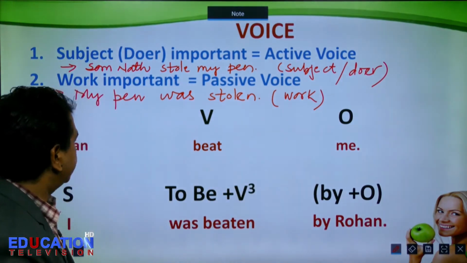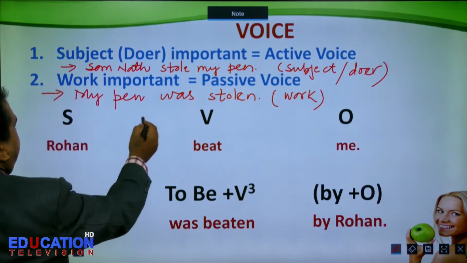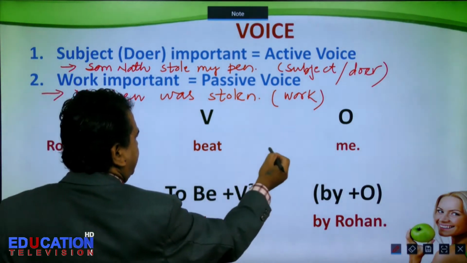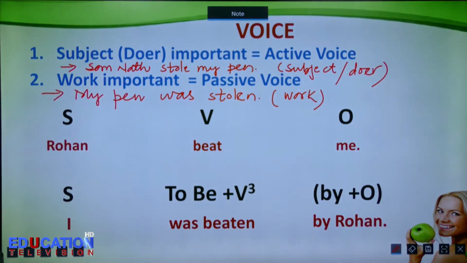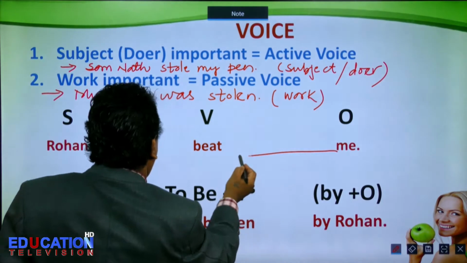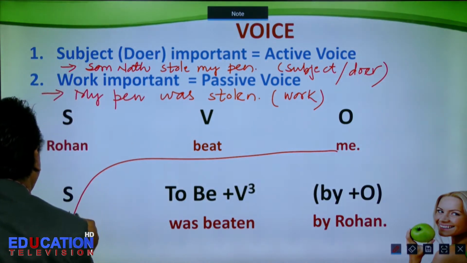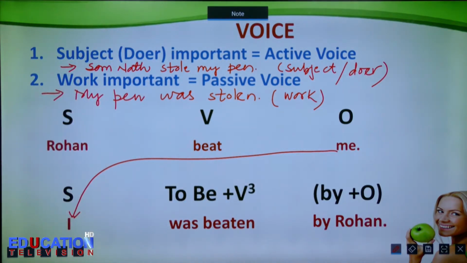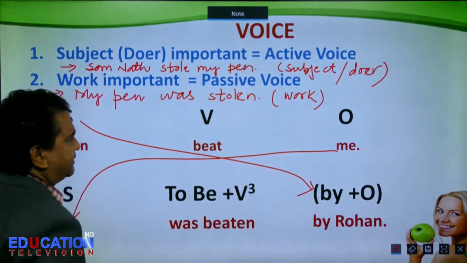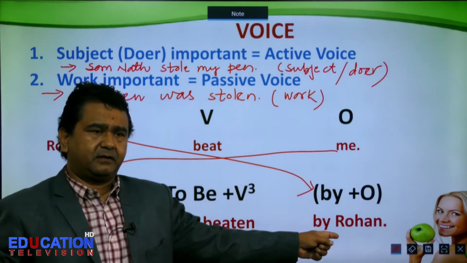Here we go. Subject, verb, object. Rohan beat me. So, this object is drawn here as subject, I. This subject is taken here as by plus object, by Rohan.